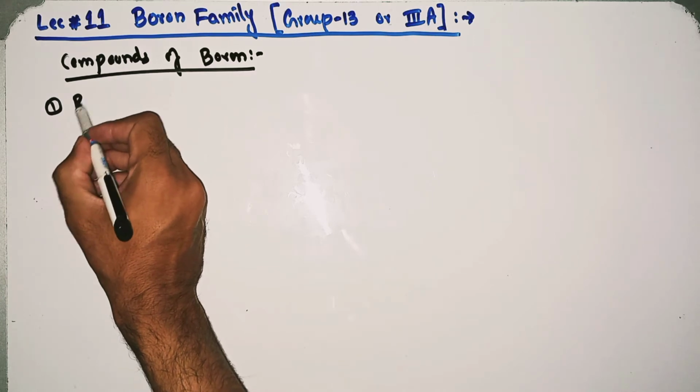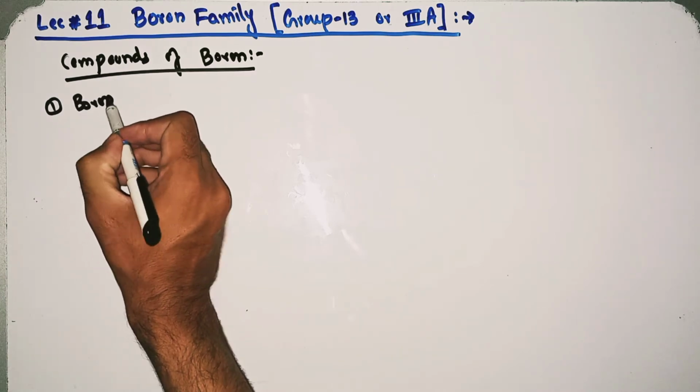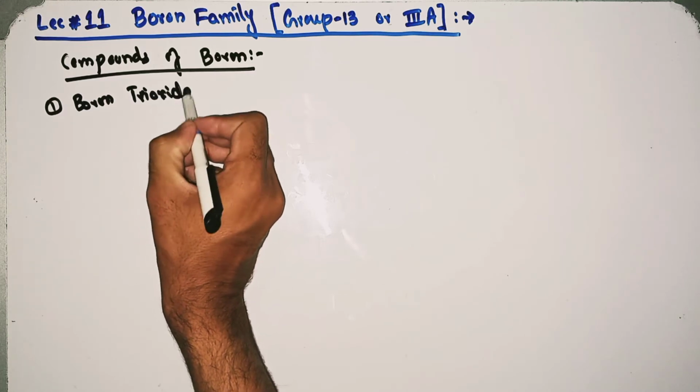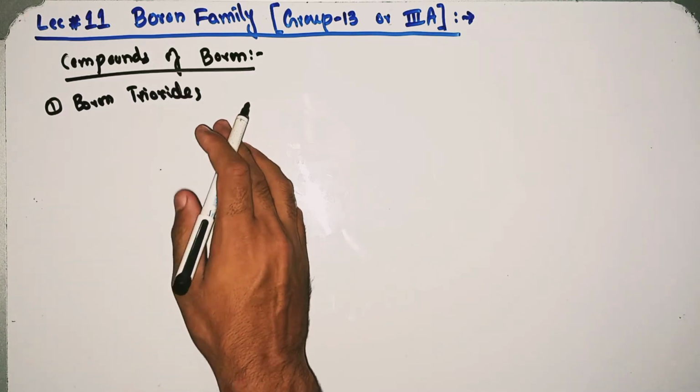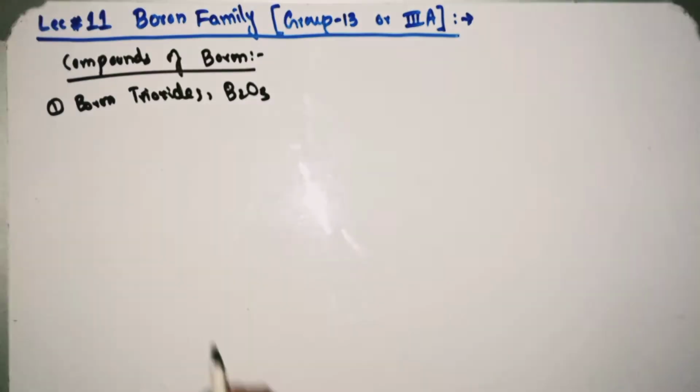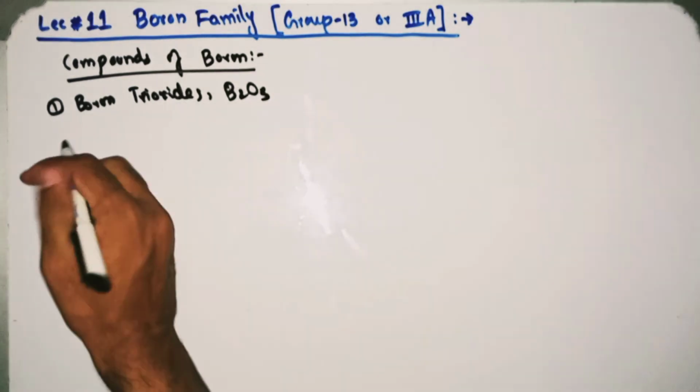One compound is boron trioxide, also called the anhydride of boron. The formula is B2O3. Similarly, another compound is borax.